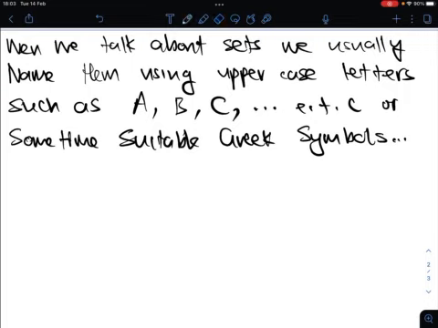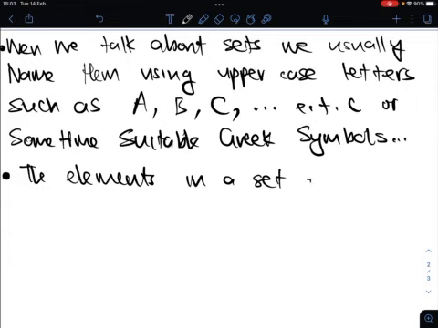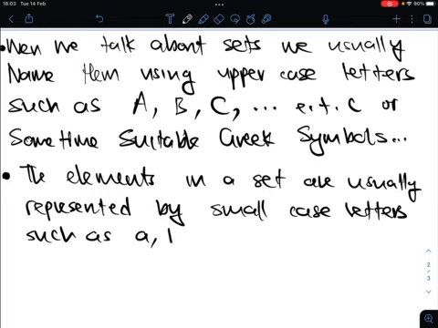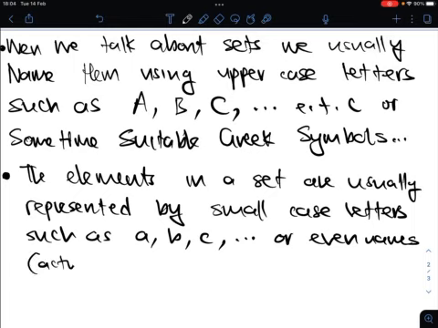Then the other thing that you should also know is this: the members or the elements in a set are usually represented by lowercase letters such as a, b, c, d, or even actual names of objects.